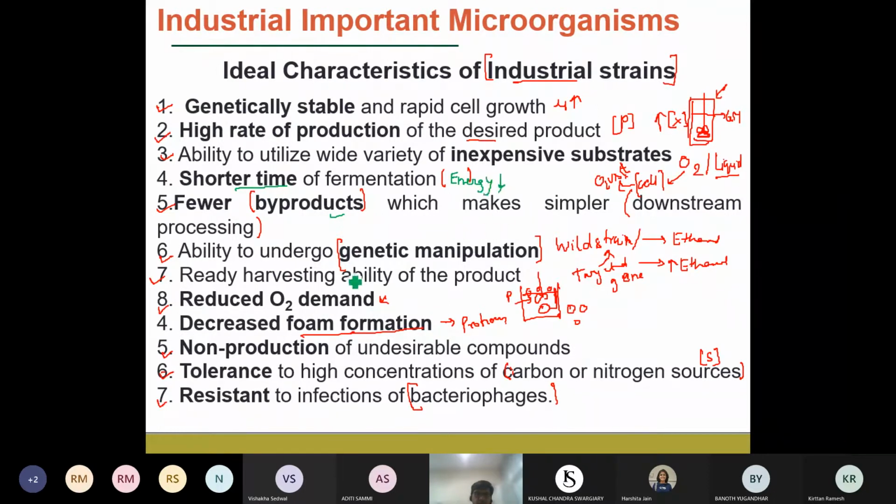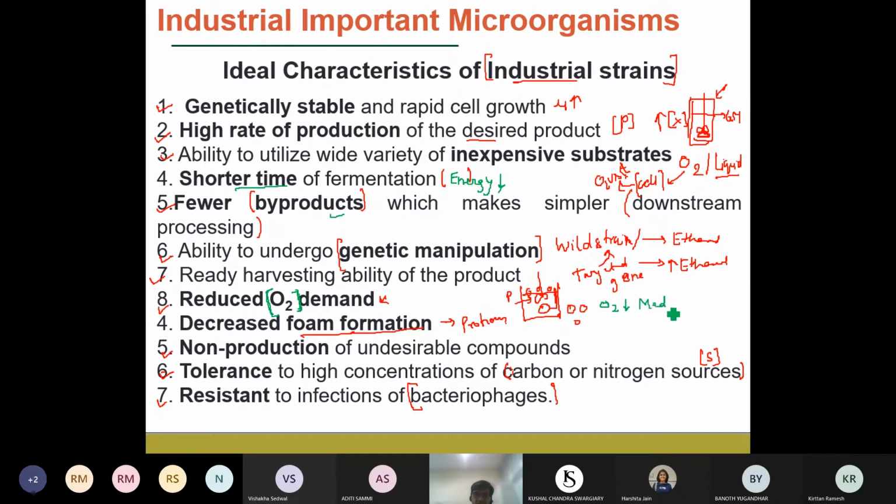Then, for any microbial fermentation, we know they require, for example, oxygen. So it should have a lower oxygen demand, because we already talked about the oxygen gas having lower solubility in the media.